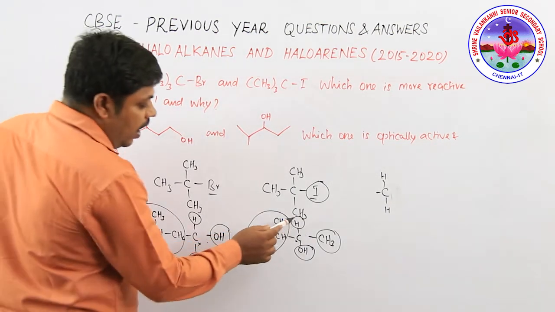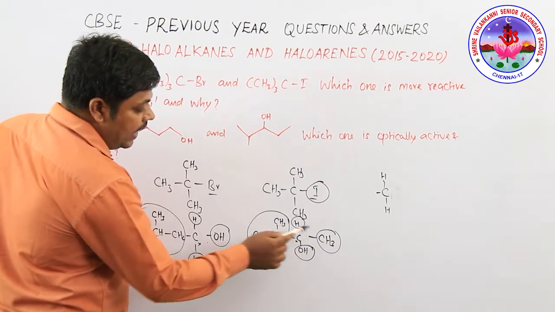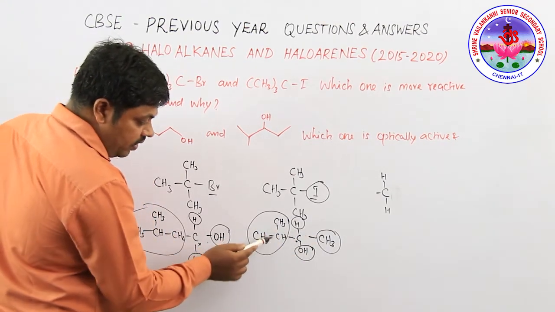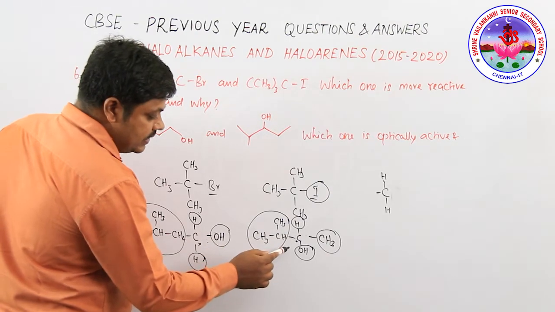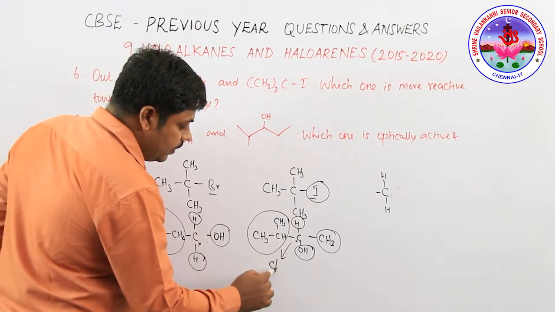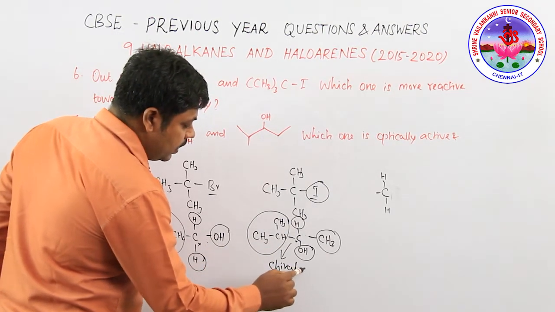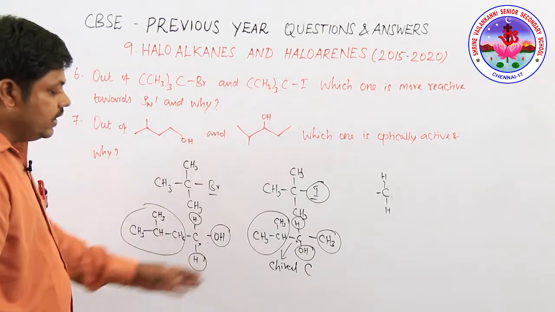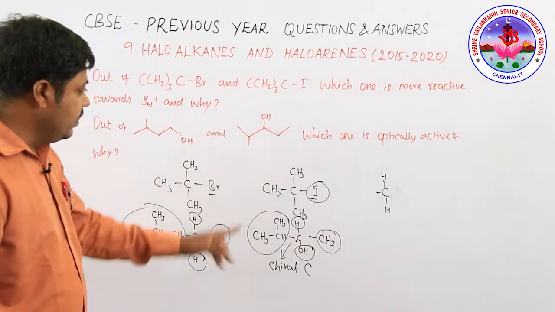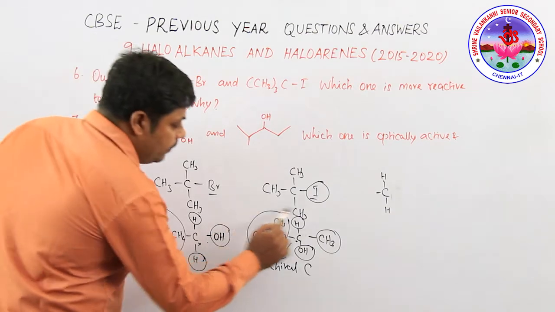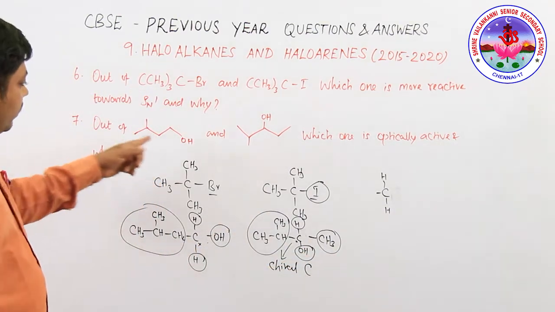But here the atoms or groups surrounding the carbon all differ. That is why this is considered a chiral carbon, or stereo center, or asymmetric center. That is why this is an optically active compound.